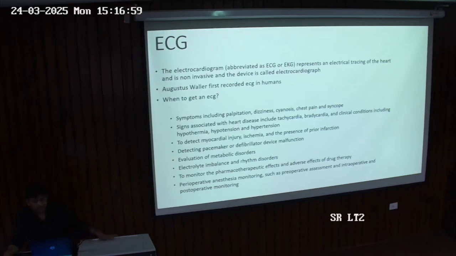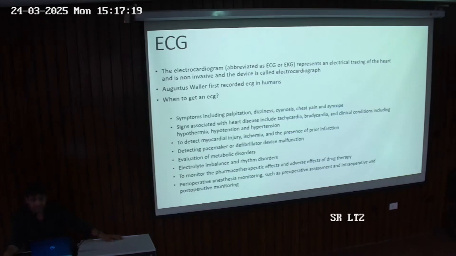There are some symptoms that are an alarm to do an ECG. The symptoms include palpitation, dizziness, cyanosis, chest pain, and syncope. Sometimes a patient has typical or atypical chest pain, but you have to do an ECG to rule out ischemic heart disease. That is important.